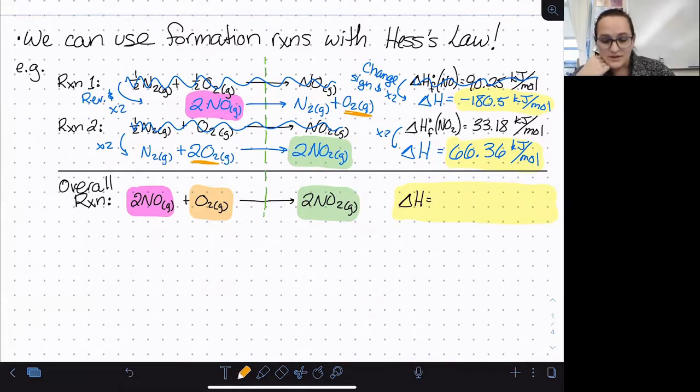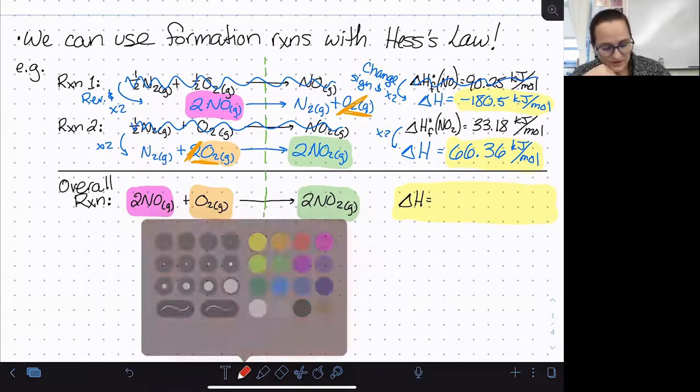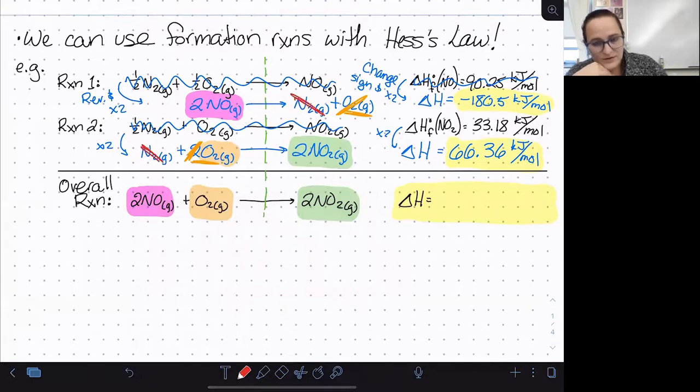So the 1 oxygen that is on the right side in reaction 1 is going to cancel out 1 of the 2 oxygens in reaction 2 on the left, leaving us with 1 left over, which is exactly what we want. Then we should make sure that everything else cancels out. We have nitrogen on the left, nitrogen on the right, so those will cancel out as well.